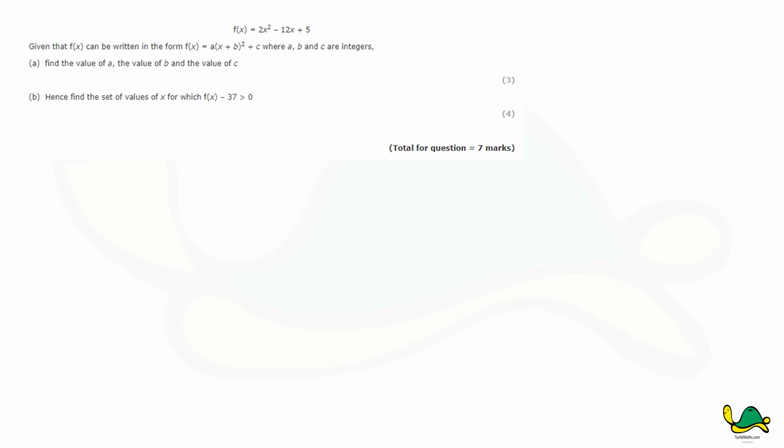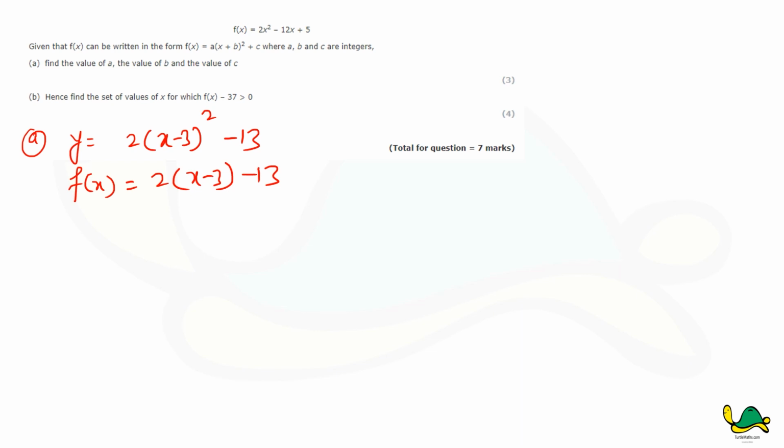Now from part A, we have got f(x), or y, as 2 times (x minus 3) whole squared minus 13. I will rewrite it as f(x) is equal to 2 times (x minus 3) whole squared minus 13.